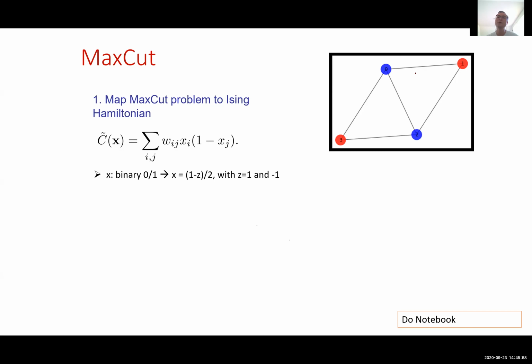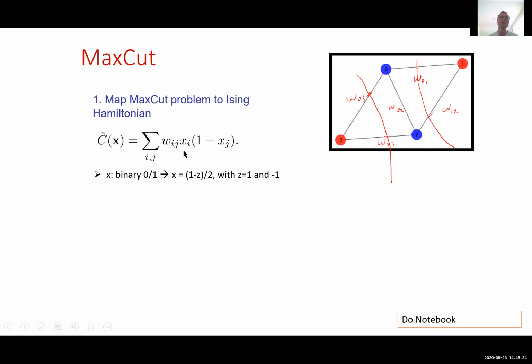So there is a weight between vertex 0 and vertex 1, 1 and 2, etc. Between 0 and 3, you want to cut into two groups so that the weight along the edges that you cut is maximized.